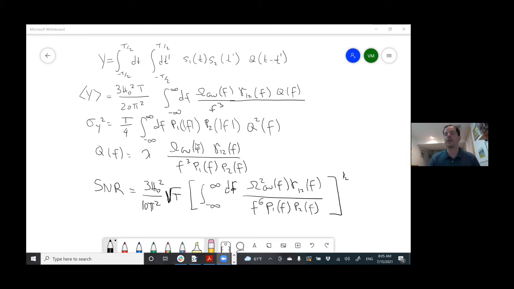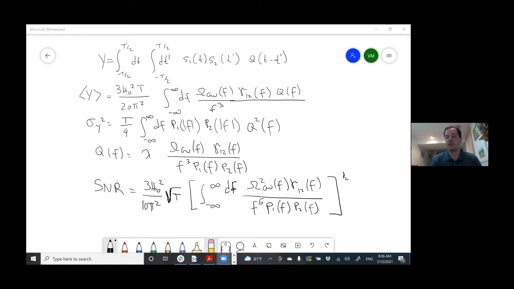We choose what kind of a spectrum we want to look for, and then calculate the optimal filter corresponding to that choice. So it depends on the energy density that we're looking for. It depends on the detector network that we're using, specifically the detector pair that we're using through this overlap reduction function. And it depends on their power spectral densities.